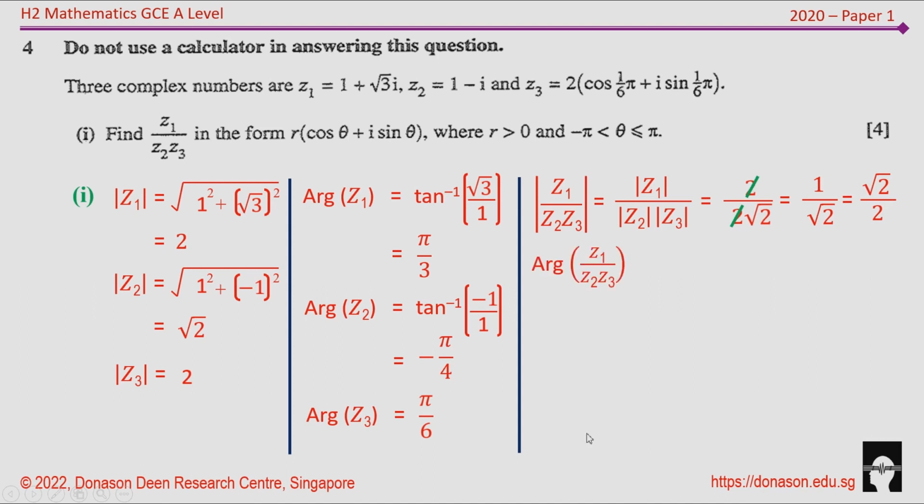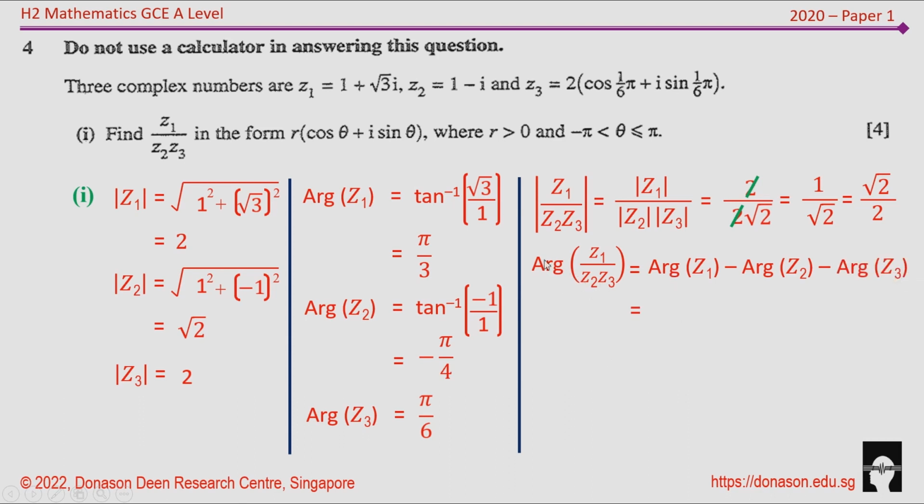There we have the magnitude of this complex number, right? Now let's work out the argument of this complex number z1 over z2 dot z3. Arguments work similarly to how we perform logarithms, right? So the argument of the numerator, then subtract away the arguments of the denominator: argument of z1 minus argument of z2 minus argument of z3.